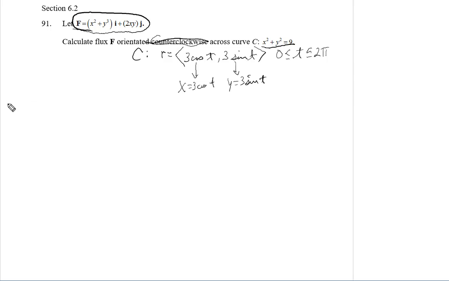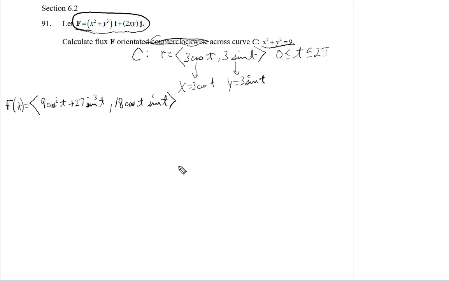So our field as a function of t would be x squared, that would be 9 cosine squared t, plus y cubed, that would be 27 sine cubed t, and 2xy would be 2 times 9, which is 18 cosine t sine t.